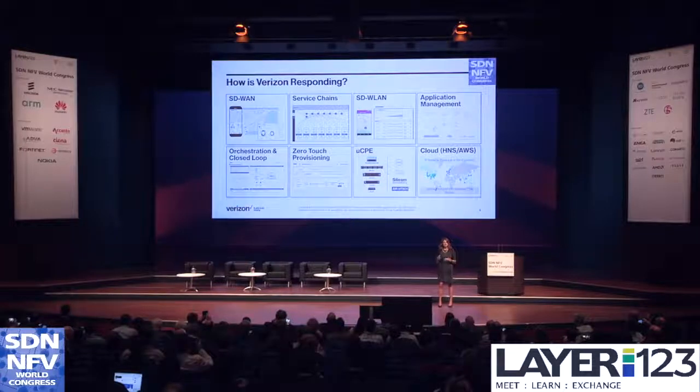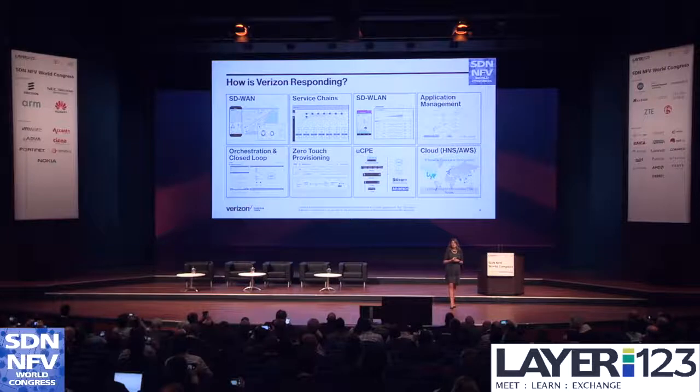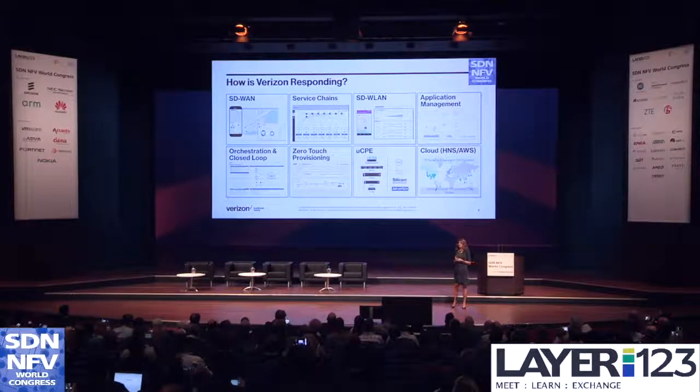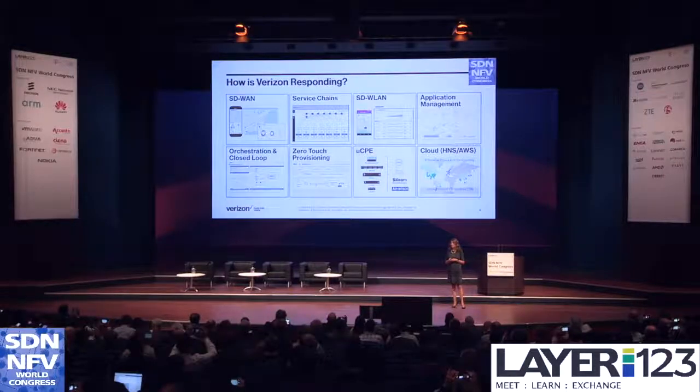Now, Verizon has used SDN and NFV over the past 3.5, 4 years to make a start at delivering those capabilities. We've been in the market with SD-WAN solutions for about 3.5 years now. That was our first foray, and most customers still start their journey with us with SD-WAN. But as we know, SD-WAN is not just the underlay, it's not just the overlay.